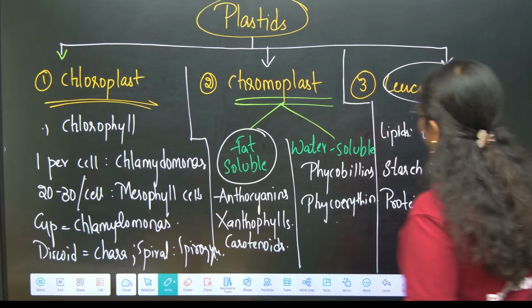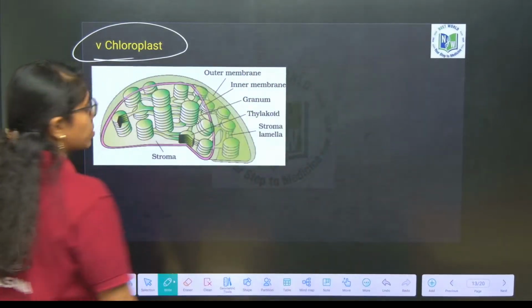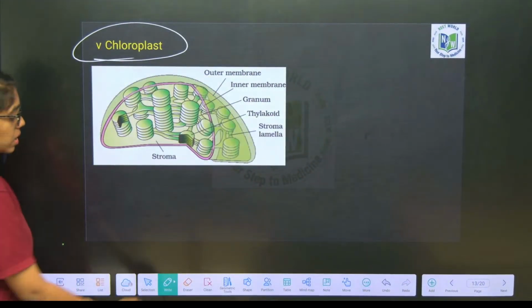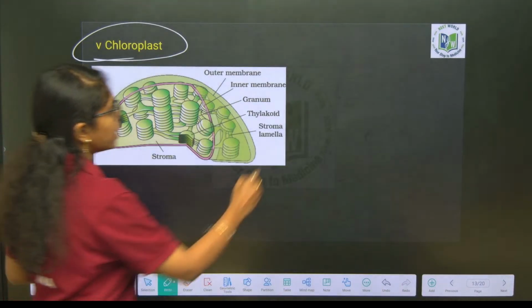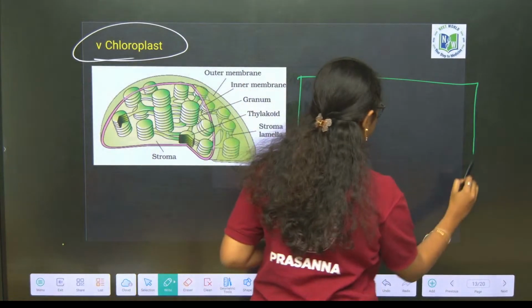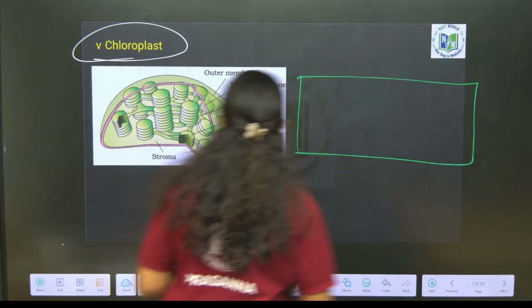Next, here you see chloroplast structure. Chloroplast is a double membrane bound organelle again. Let us again take one cartoon diagram, you will understand easily.